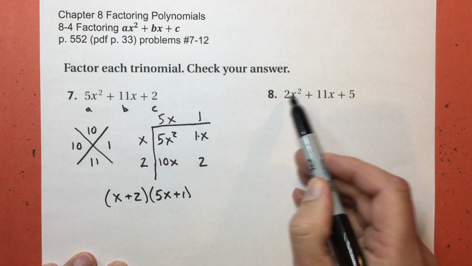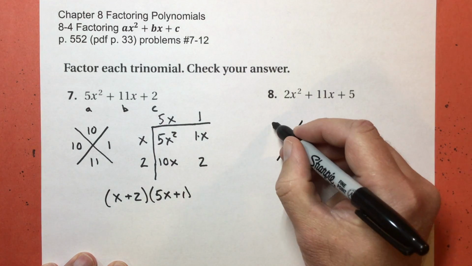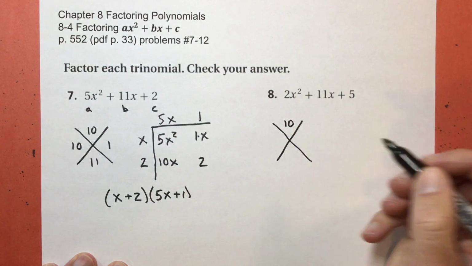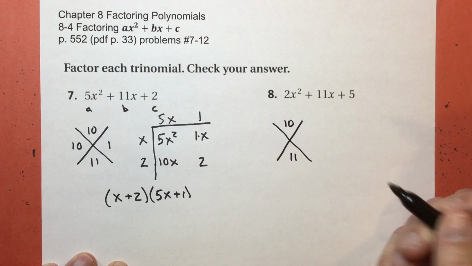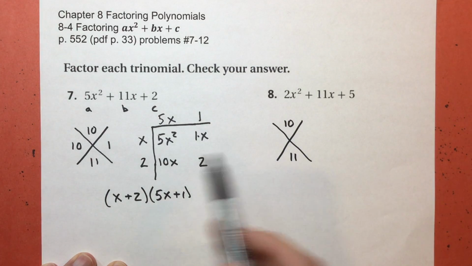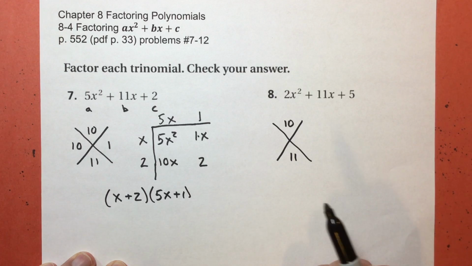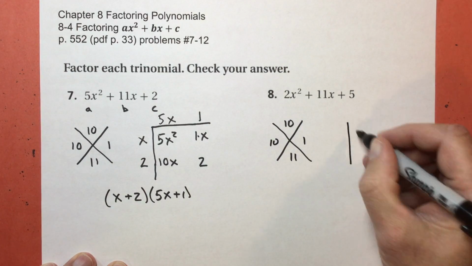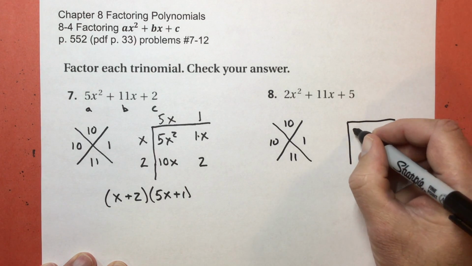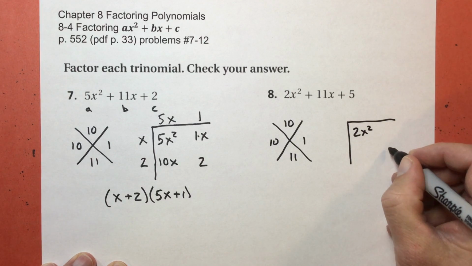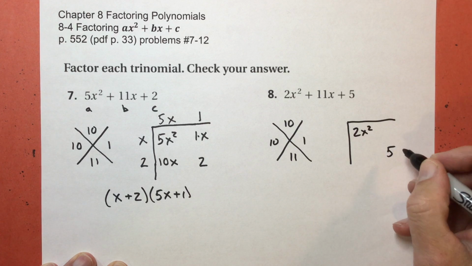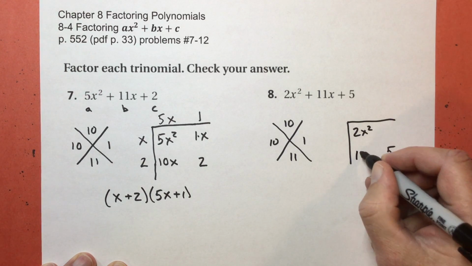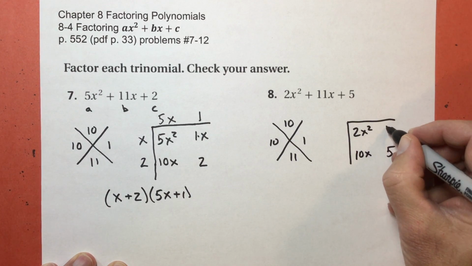Number 8. 2 times 5 is 10. And my 11's here. That's really weird. That's like the same as this one. So again, this is going to be 10 and 1. I have 2x squared here. I put my 5 in the other corner, and then these two corners are going to be my 10x and my 1x.